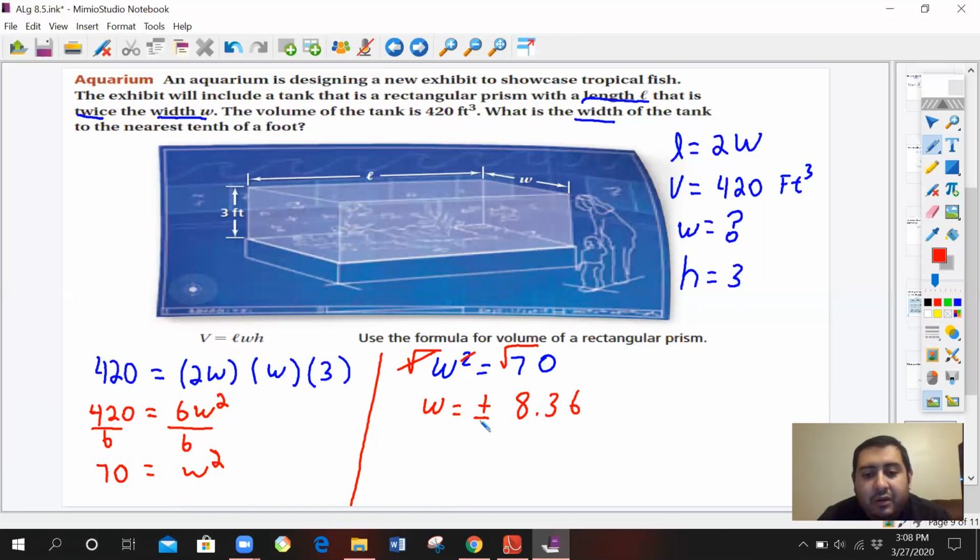Again, since we're not looking for the negatives, your only answer is going to be 8.36 as a positive. So that your width is going to be this much. You basically already solved your width for this rectangular prism.